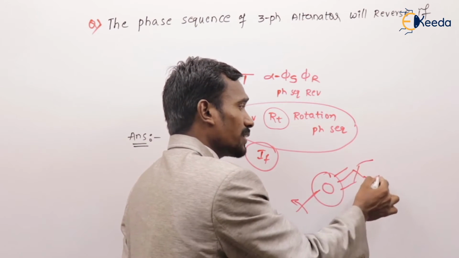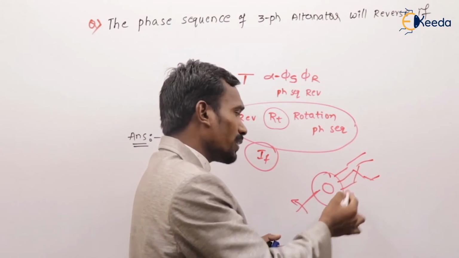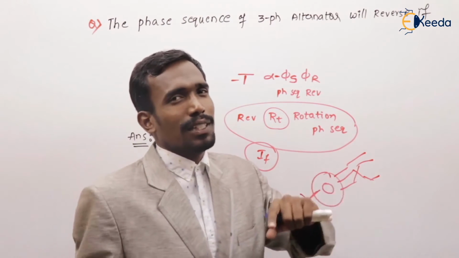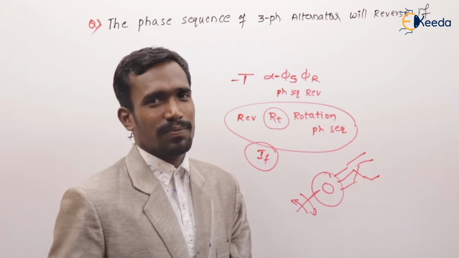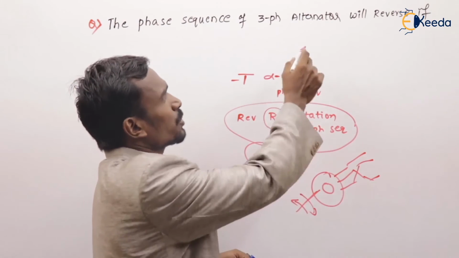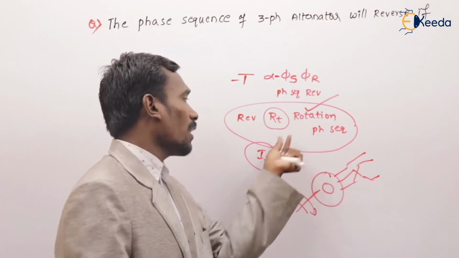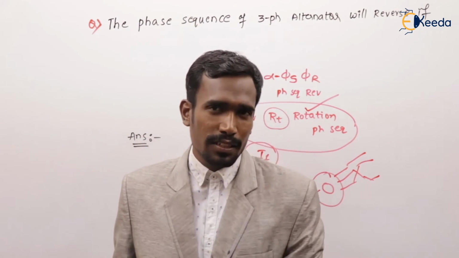If the phase sequence is reversed for a synchronous motor, the direction of rotor rotation changes, and vice versa for motor and generator. So our answer is, to get the reverse phase sequence, we change the rotor rotation without changing the field current.